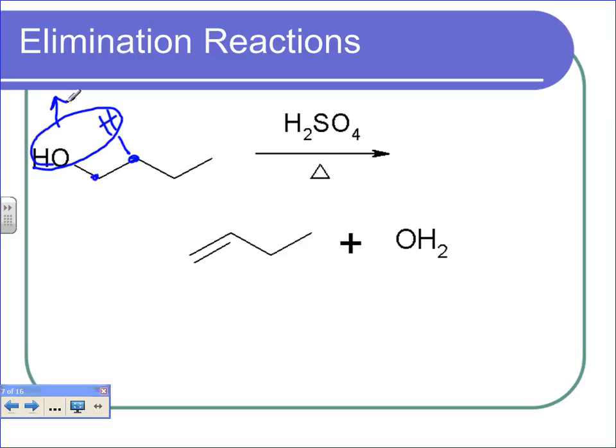And as they're removed, a double bond is formed. So it's exactly the opposite of addition reaction. In the addition reaction, we had a double bond and we added water across that double bond as H and OH. And this time we're eliminating those two, H and OH, as water.